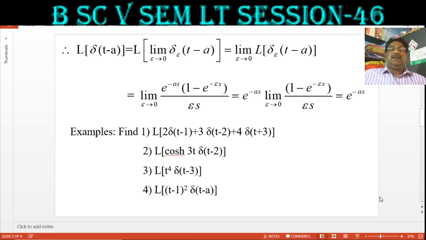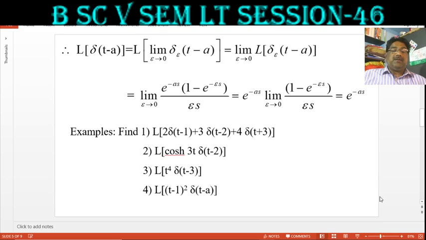Therefore, the limit of the Laplace transform of delta epsilon of t minus a is the limit as epsilon tends to 0 of e to the power minus a s into 1 minus e to the power minus epsilon s divided by epsilon s. Then we know the standard limit, the limit of 1 minus e to the power minus x divided by x as x tends to 0 is 1, that is why this limit becomes 1. Therefore, the answer is e raised to minus a s.